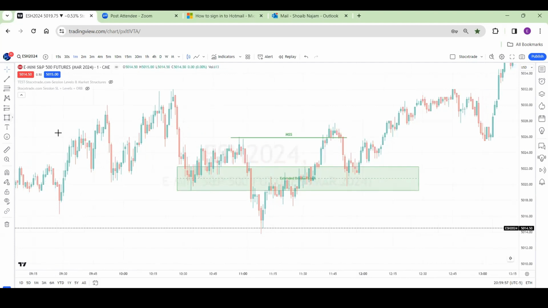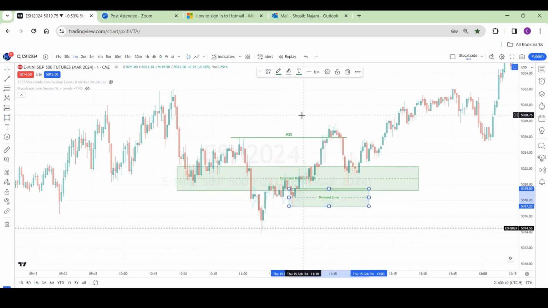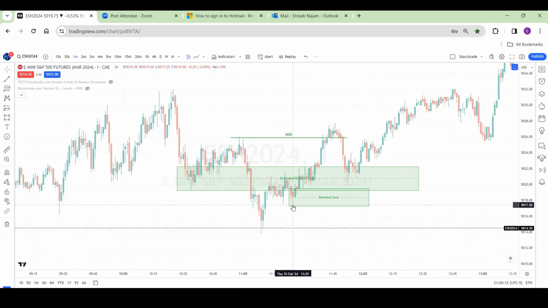And the second last breaker block with this extended breaker block, once the market is not breaking below, so this is a double bottom. Okay, you can mark this demand zone. It is not coming inside, but at least this was the demand zone because this is the last candle before the reversal. So I can mark this demand zone. So just extended breaker block.